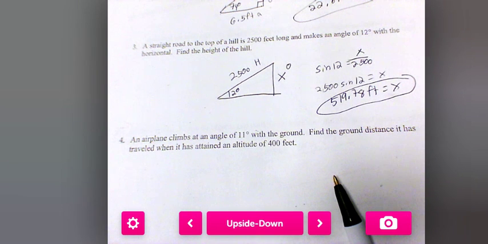If you've drawn your picture, you can label the sides opposite, adjacent, or hypotenuse. I've got pens right there. Then you can figure out which trig function you use, and you can solve for x. Okay, do we need another minute or are we ready?